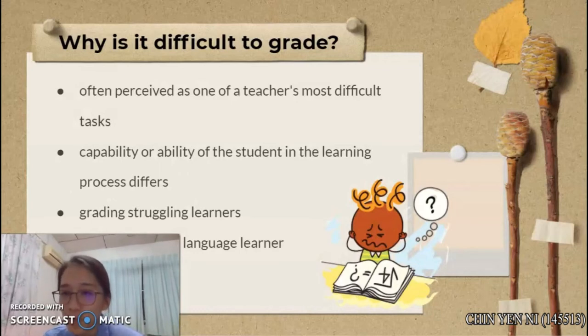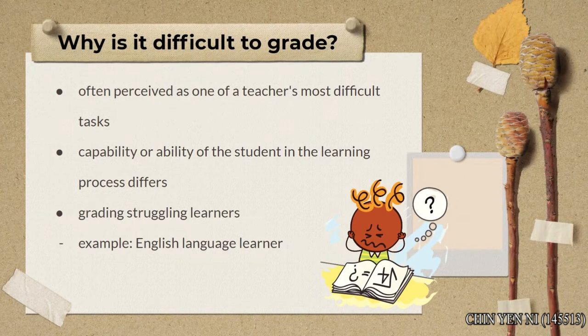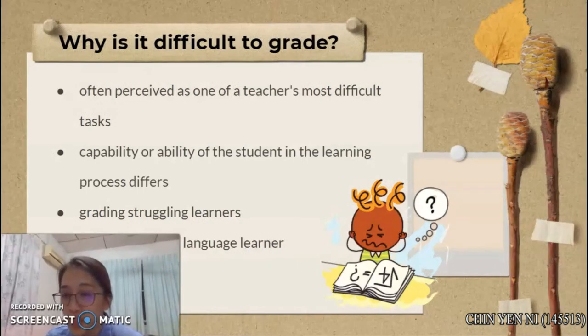Who are struggling learners? For example, let's say English language learners. English language learners refer to learners for whom English is not their primary language and they have very limited skills in reading, writing, speaking, and also listening.